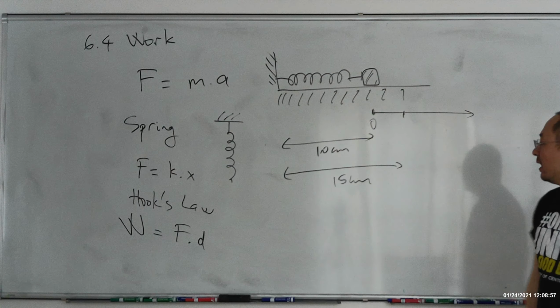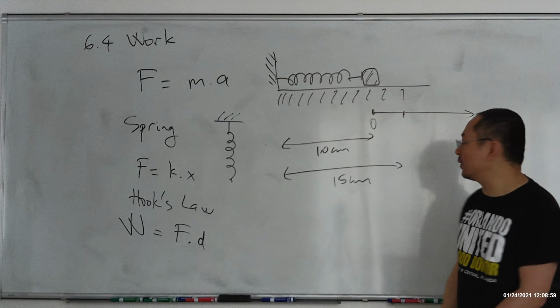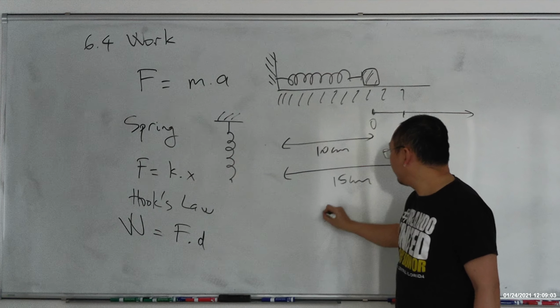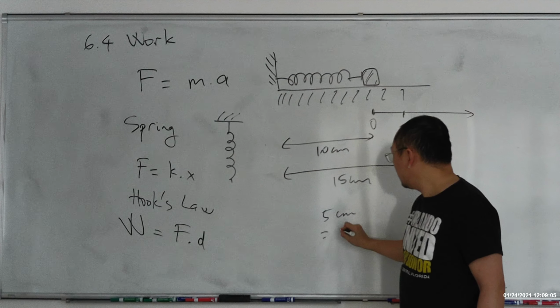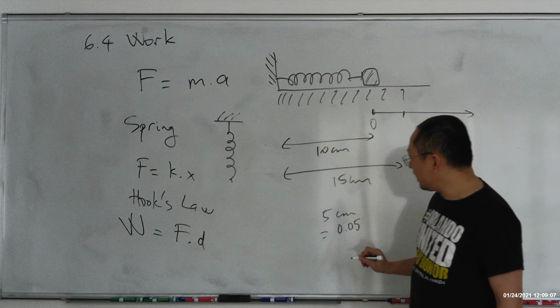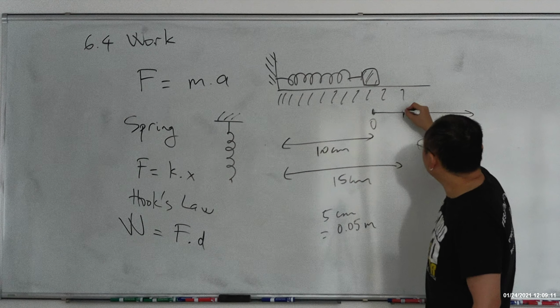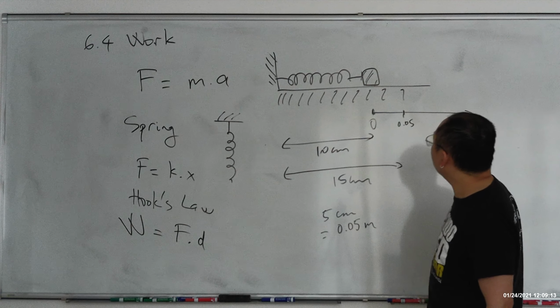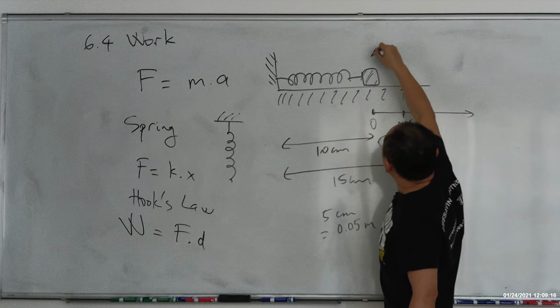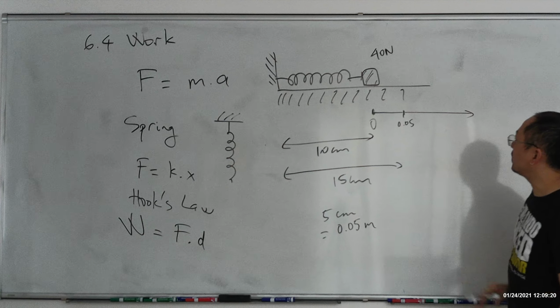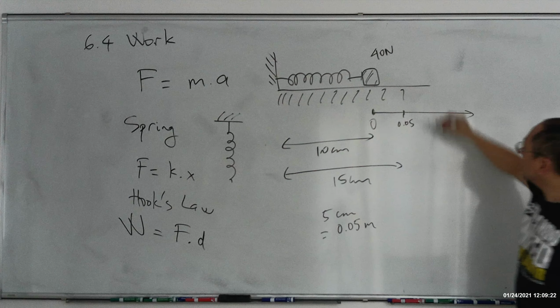Oh, by the way, we should not use centimeters when we do the work. We have to convert back to meters. So how far did we move? 5 centimeters, which is 0.05. Is that right? 5 centimeters. Yeah, 0.05 meters. So it's going to take a 40 Newton force to move the object from 0 to 0.05 meters.